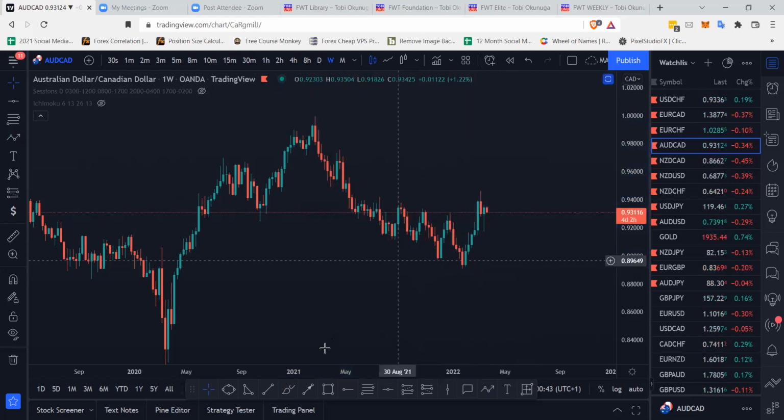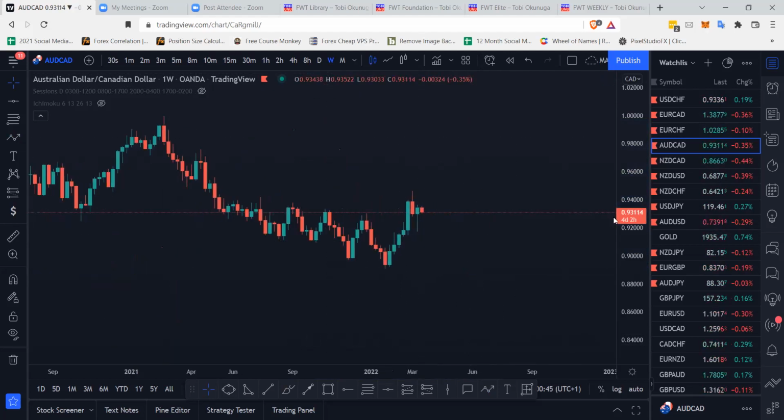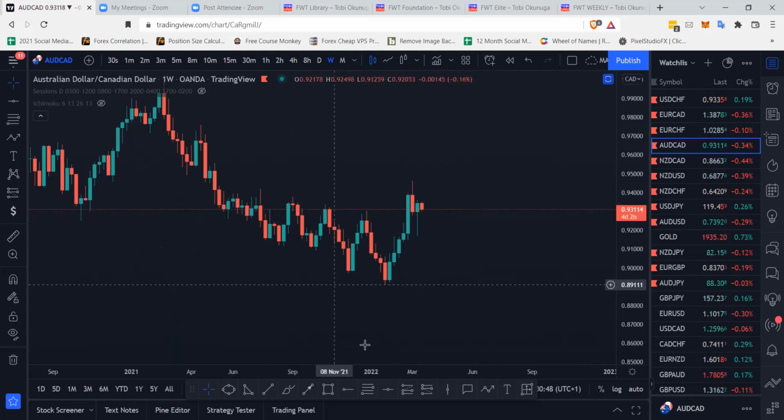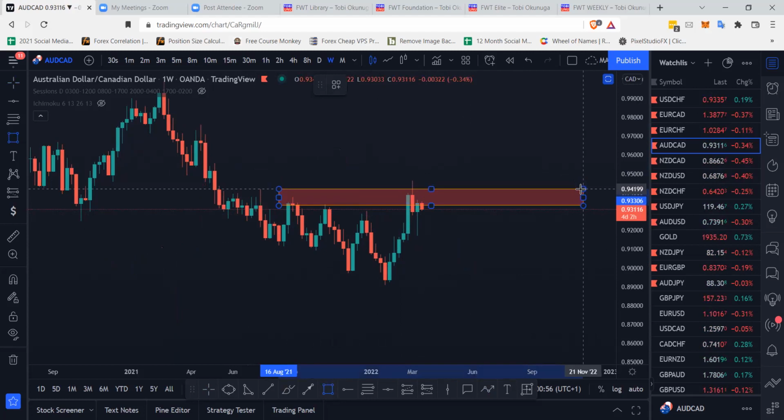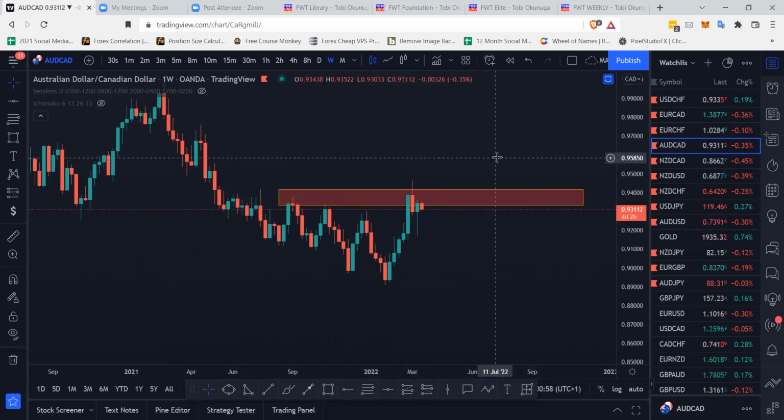That's on weekly. Rally based drop. Further, the weekly supply, and then we are seeing this reaction here.